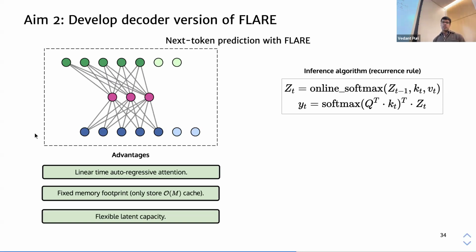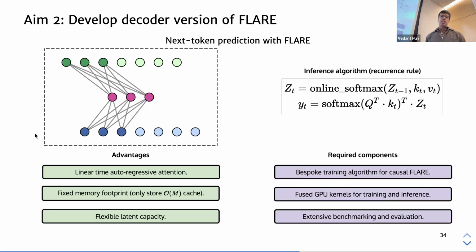We would be able to achieve this by using a procedure called the online softmax algorithm that will allow us to update our latent token Z_T given information such as key and values from a new time step, and then we can use the standard decoding step for FLARE. So this would give us a linear time autoregressive algorithm with a fixed memory footprint and a flexible latent capacity when we marry this with AIM-1A.